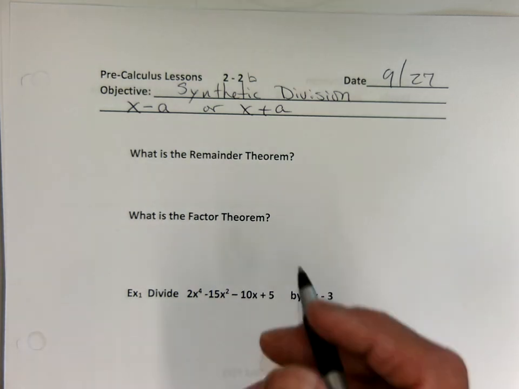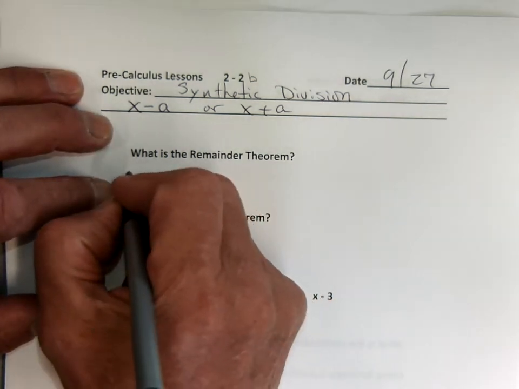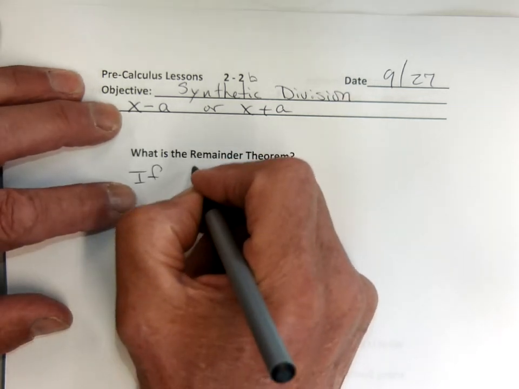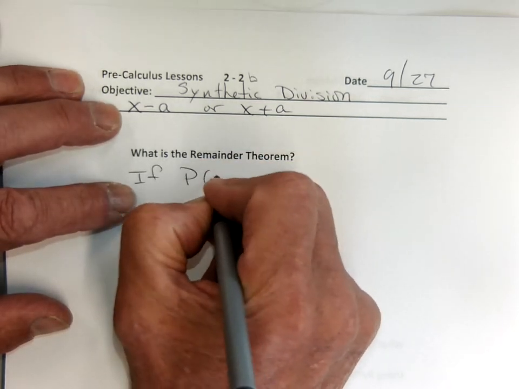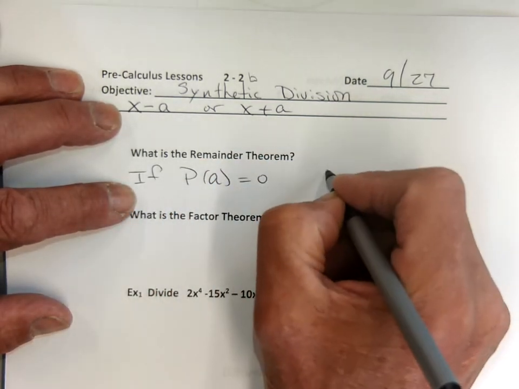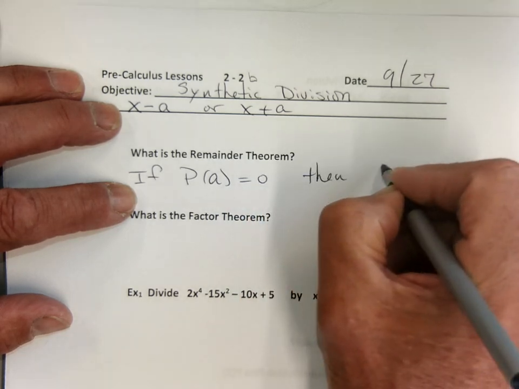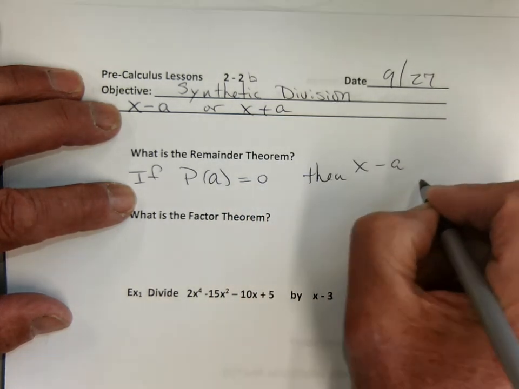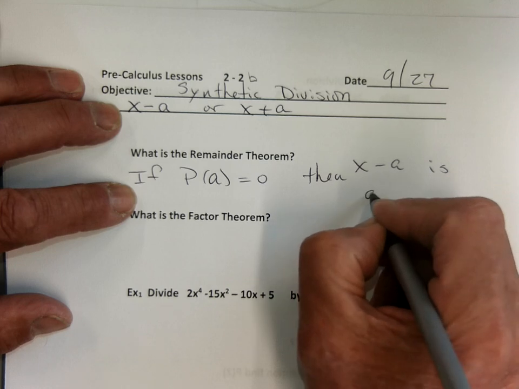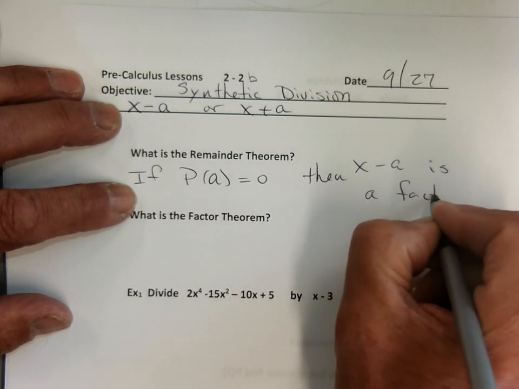So we just learned the remainder theorem, and that is if P of A is equal to 0, then we know that x minus A is a factor, okay?